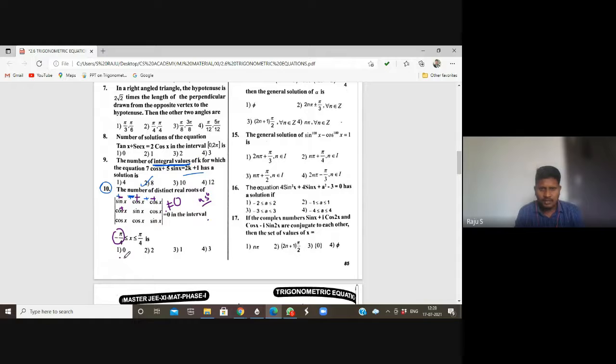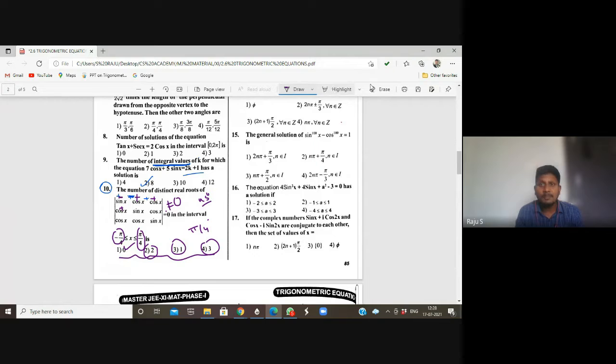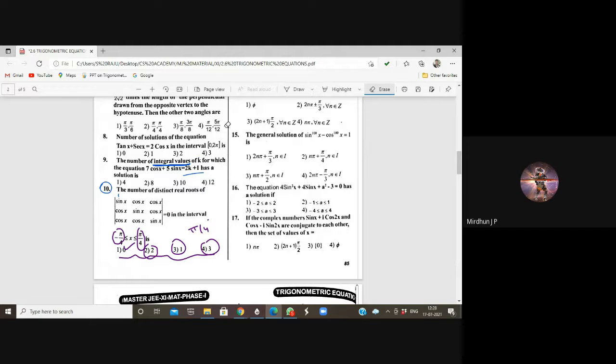When you see the options, either no x values make it 0, or one, or three. When you substitute x equal to pi by 4, the determinant becomes 0 when all the elements become equal. What is sine 45? 1 by root 2.